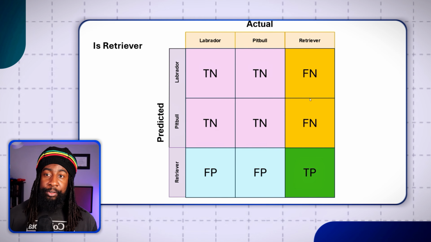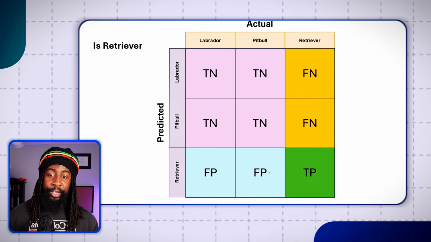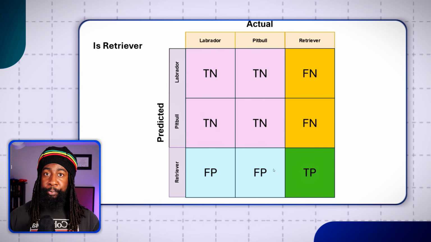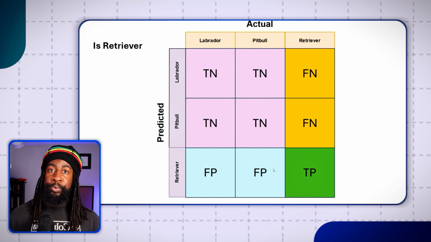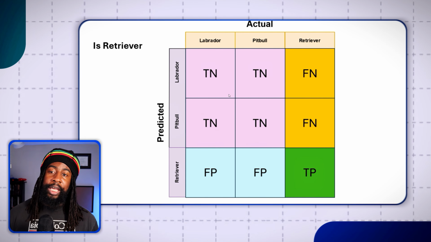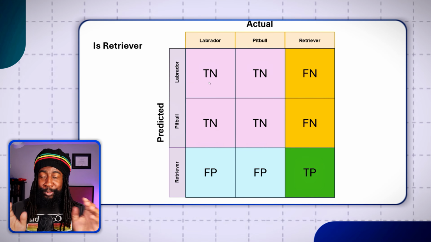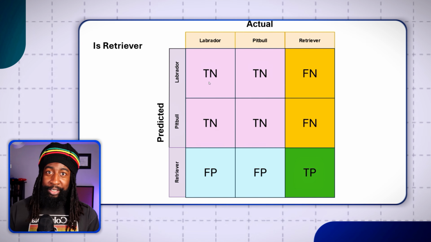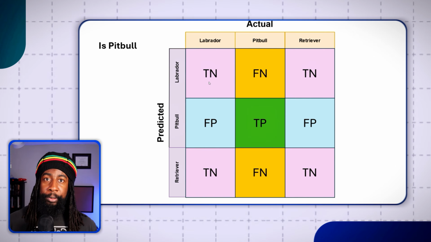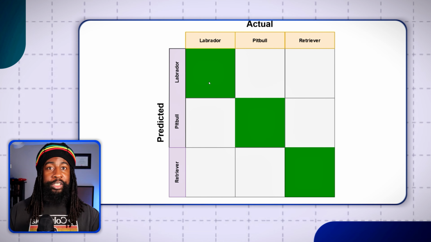Vice versa, if the actual data showed something other than a retriever and the machine learning algorithm chose a retriever, that is a false positive. And then the other space, when both the actual and predicted classes were incorrect with their choices, that is our true negatives. Okay, you just understood a flattened 3x3 matrix and you blew it back up into this 3-dimensional space where you have your true positives in the middle here.